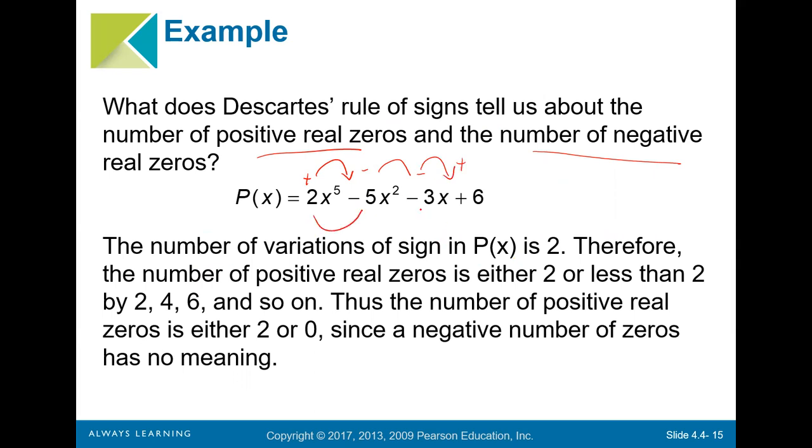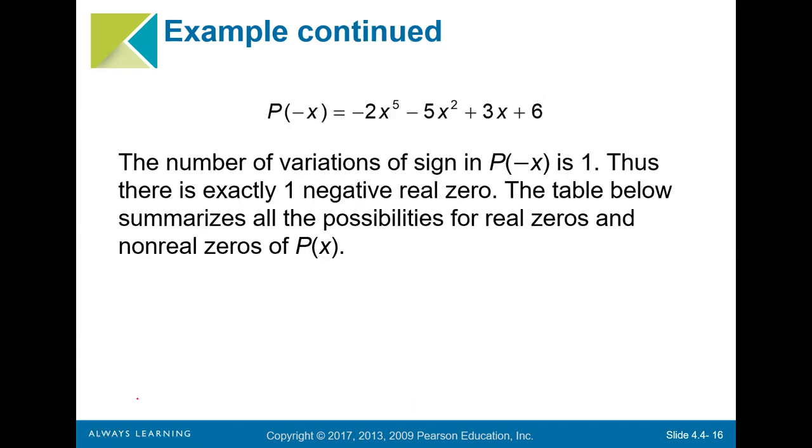We have a sign change here and a sign change here. So we have 2 possibilities of real zeros or less than 2. So here we go. If we had -2 to -5, that's no sign change, but negative to positive here, that's 1. And then positive, positive, so we only have 1 possibility.